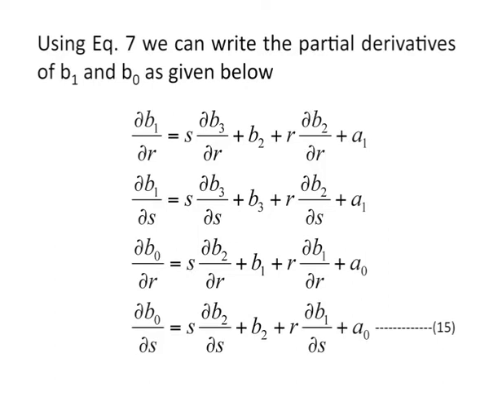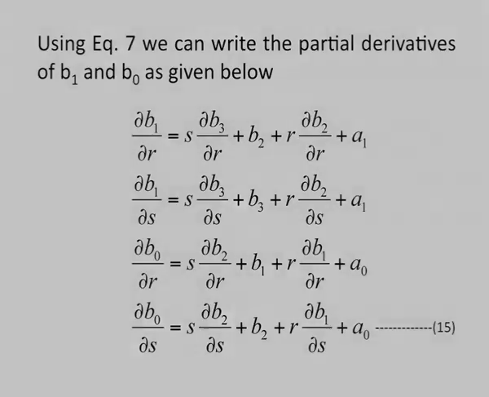The derivative of b 2 will need the derivatives of b 3 and b 4, and so on. So, you have to move upward to the nth order. To calculate delta b 1 by delta r and delta b 1 by delta s, we need to move upward and find all the derivatives of the higher order coefficients.